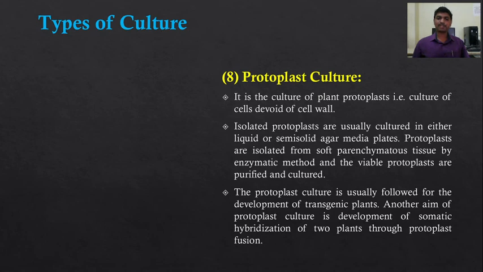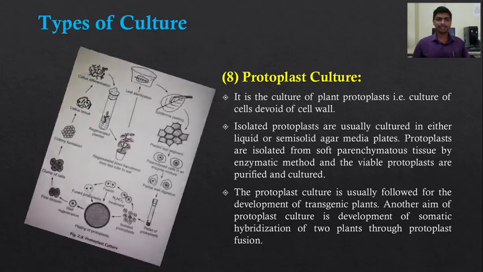Another aim of protoplast culture is the development of somatic hybrids of two plants through protoplast fusion. Like hybridization, here the somatic cells from two parental plants are fused with each other to obtain somatic hybrids. So protoplast culture is mainly used for the development of transgenic plants and also for somatic hybridization.